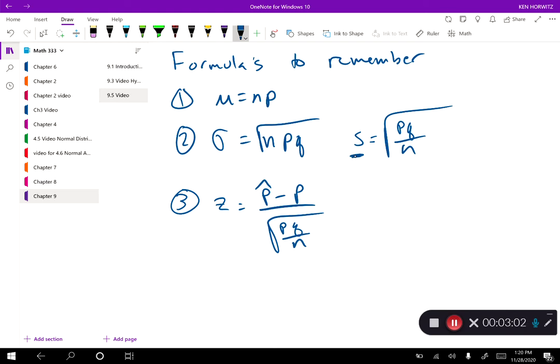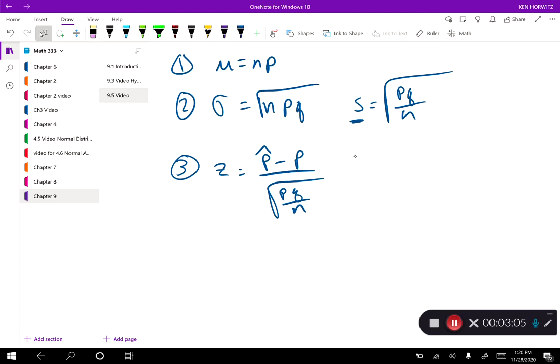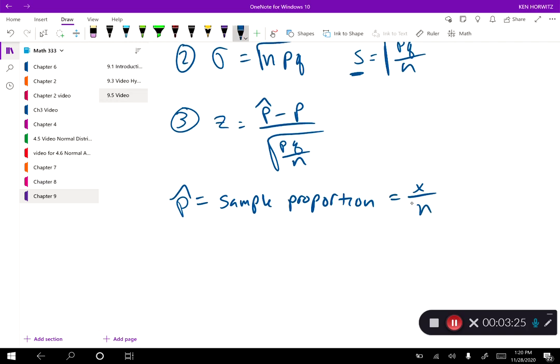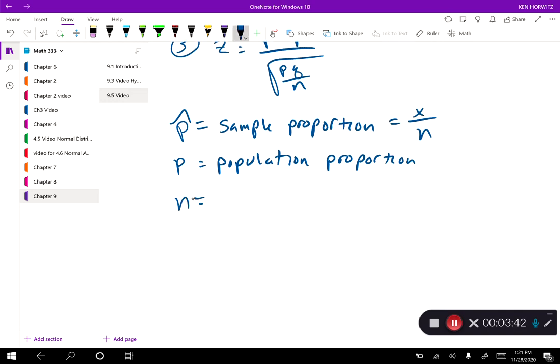Now if you don't remember what some of these things mean, for example, p hat is our sample proportion, and that equals x over n. Our p is the population proportion. And our n is our sample size.